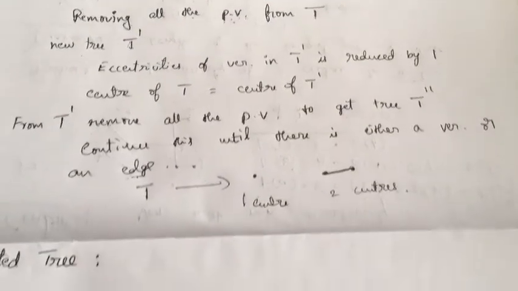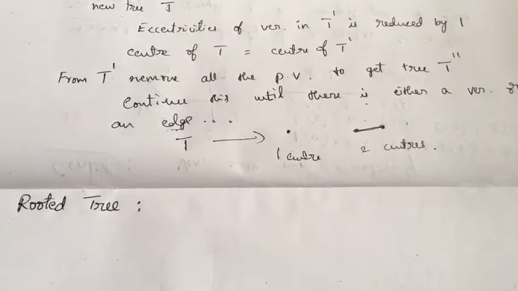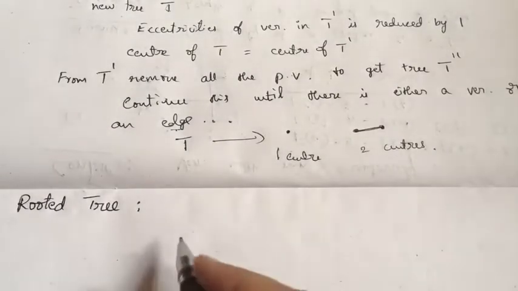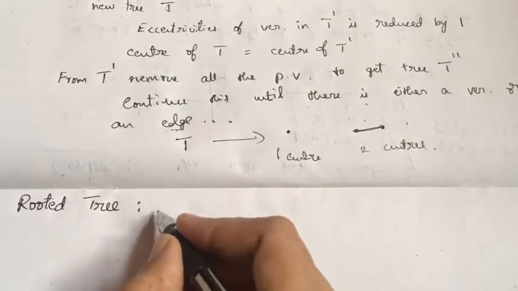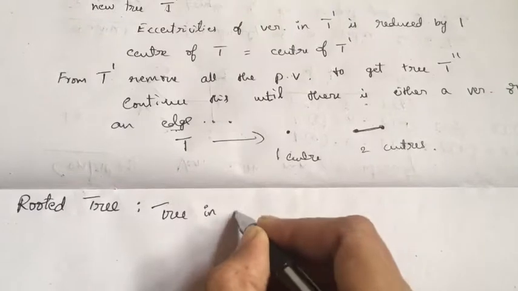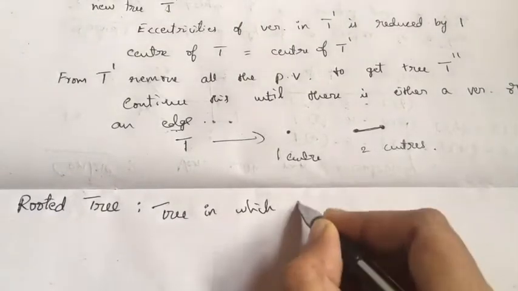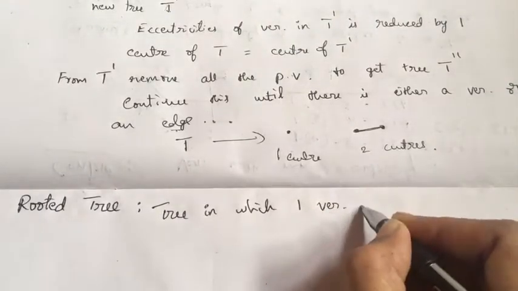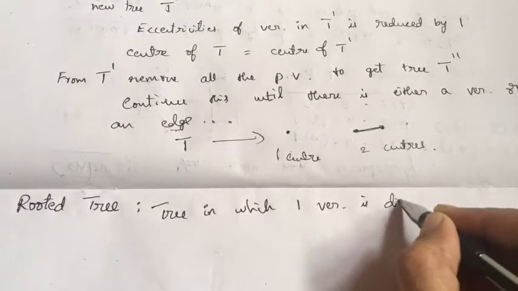Next is types of trees. First one is the rooted tree. It's a tree in which one vertex is distinguished from all other vertices.